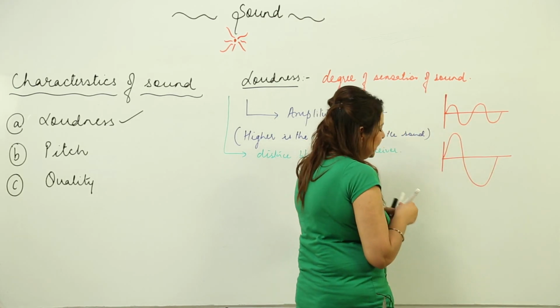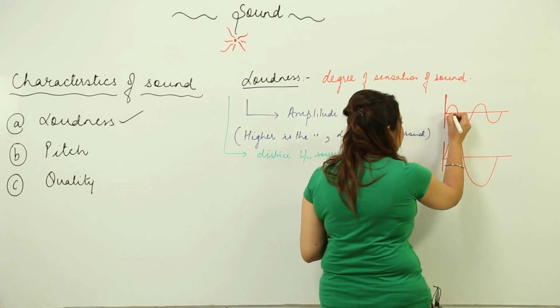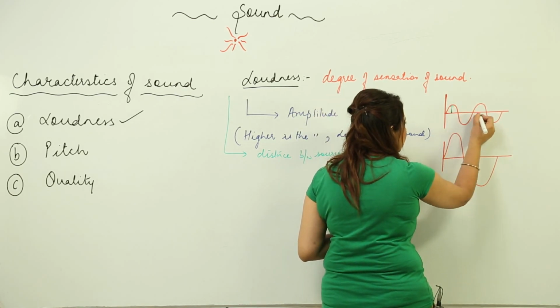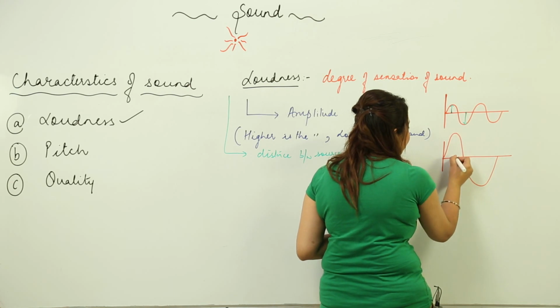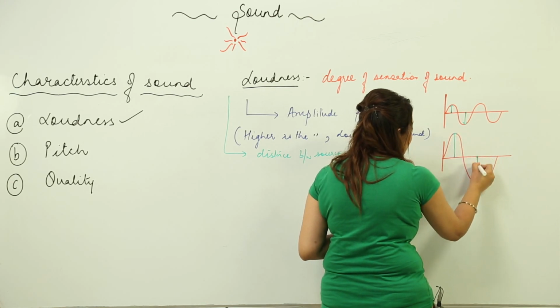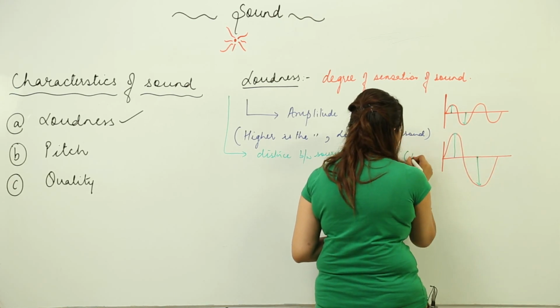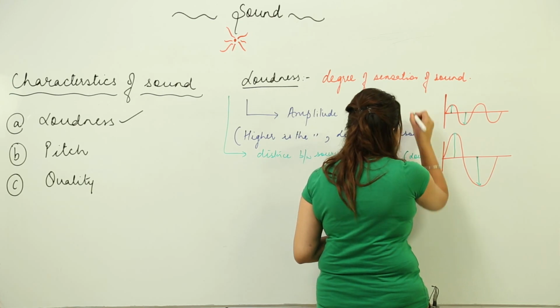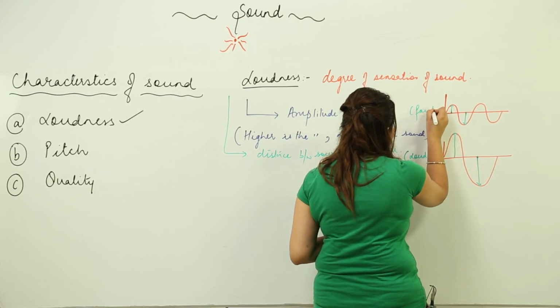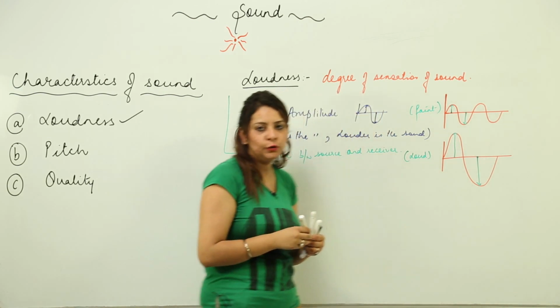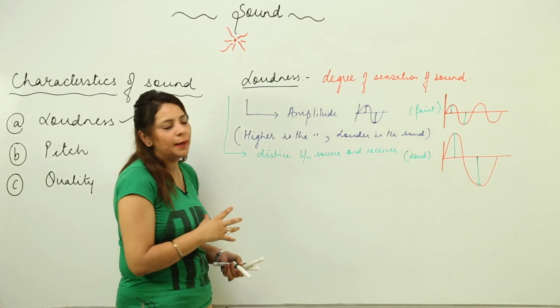Here you can easily make out that here the amplitude is this much, and here the amplitude is this much, that means more. So this sound will be loud and this sound is going to be faint, not that much loud because it has lower amplitude.